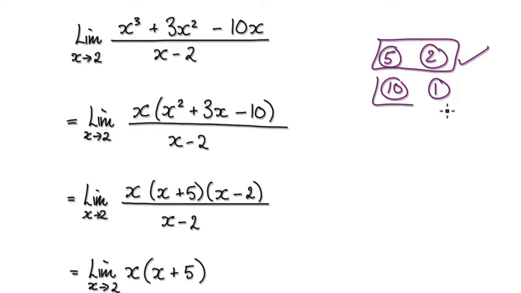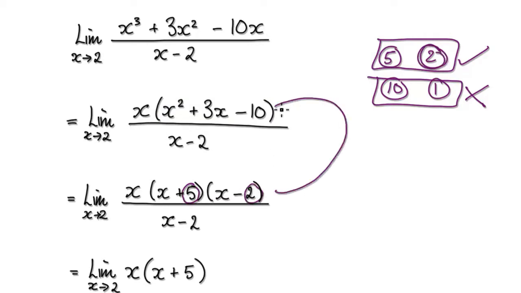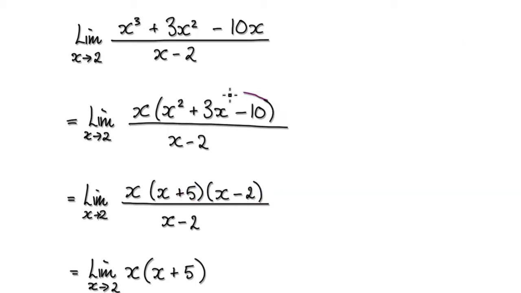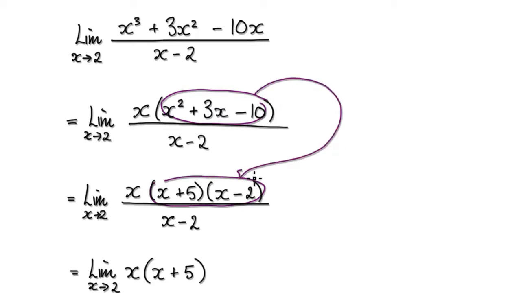There's no way you can create a 3 with a 10 and a 1, so you shouldn't be using this. You should use a 5 and a 2 when you come to factorize this. Well, it turns out that if you make it positive 5 and negative 2, it will then give you this thing here. So when you factorize this, it will give you this thing here. Okay, well, factorize it, it will then take you to here.